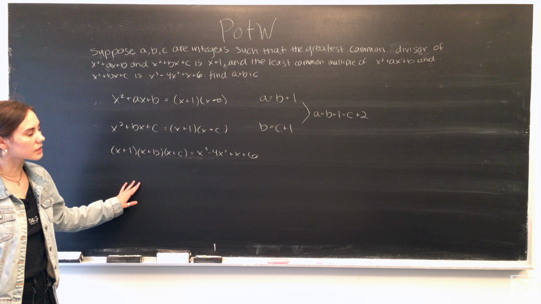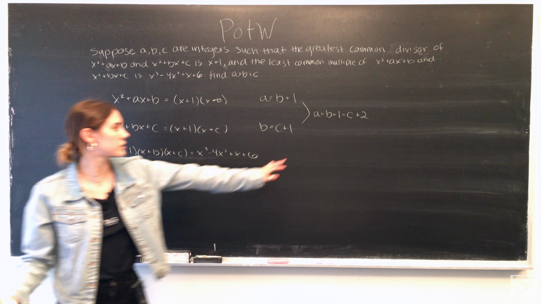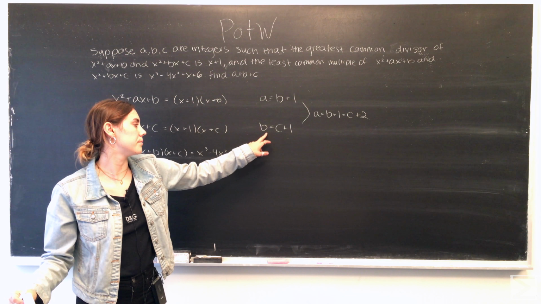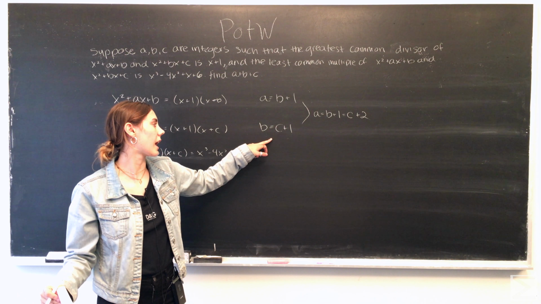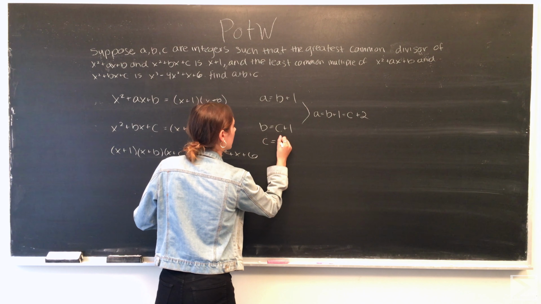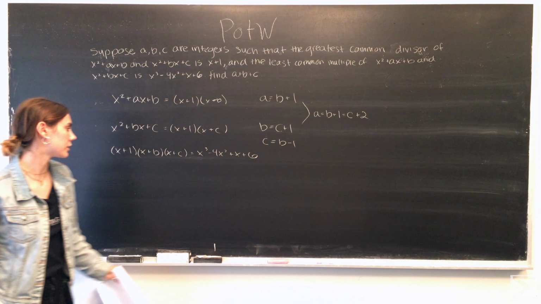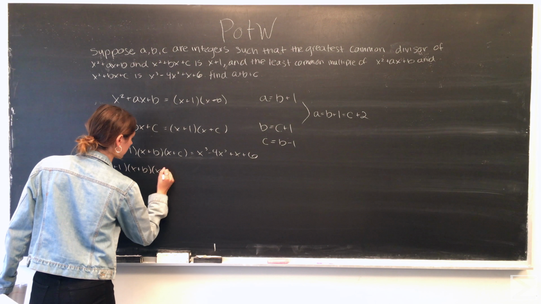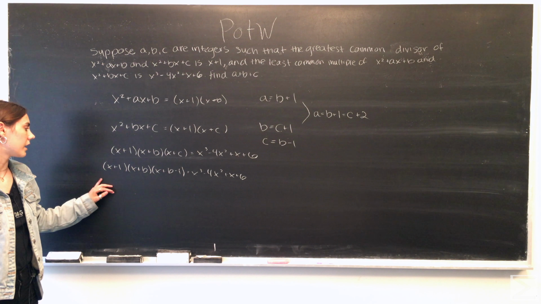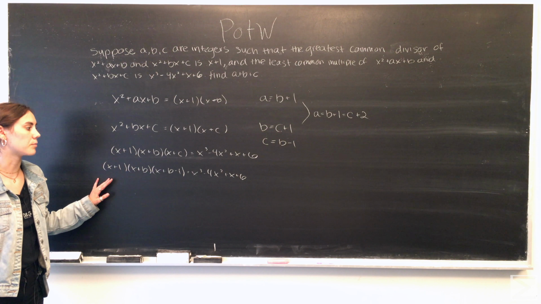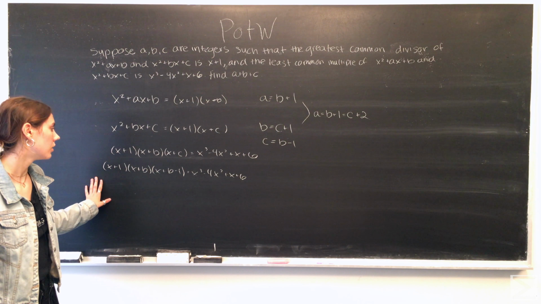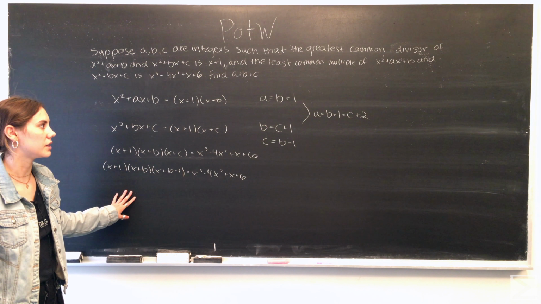Since we know from these equations that there's a relation between b and c, we can substitute in, so c is equal to b minus 1. Now we have a full equation for the least common multiple, with just one single variable b. So we can multiply this out and solve for b.